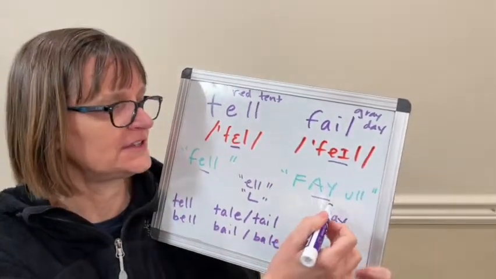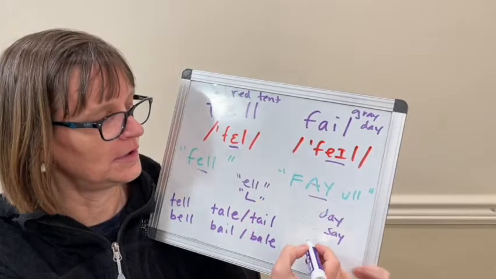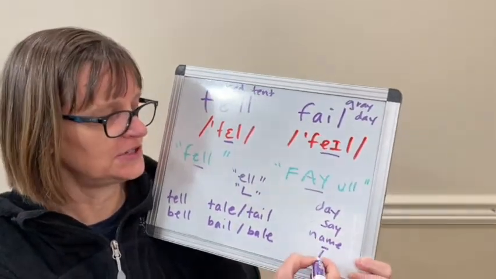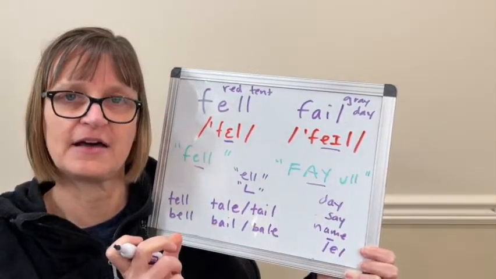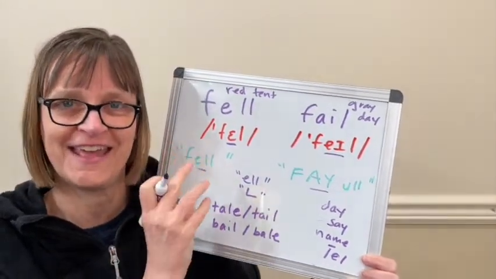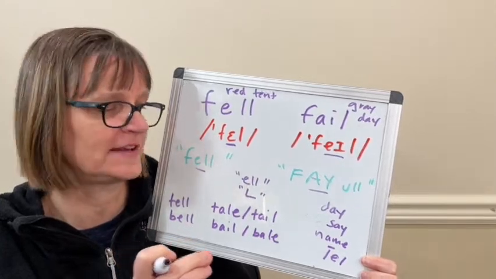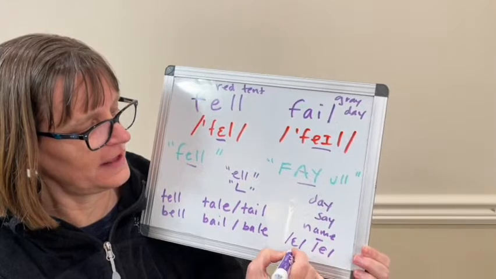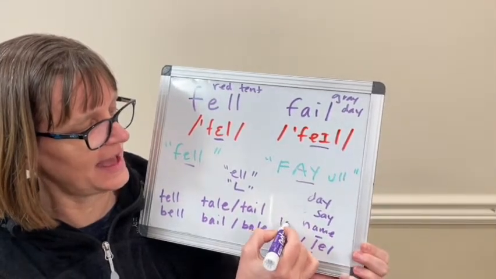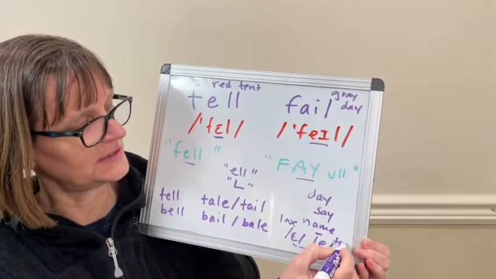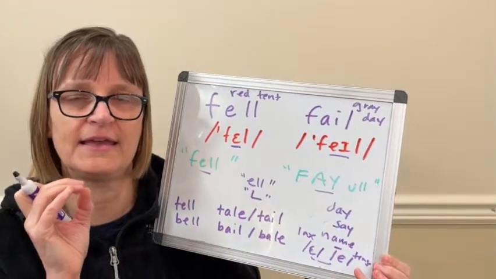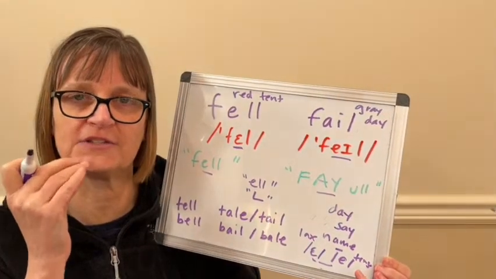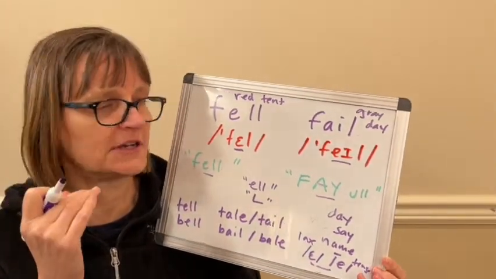But if they're trying to say something like fail or a word like name or change, they may end up just using the eh sound from their language rather than gliding and using that diphthong. And this eh and the eh in fell are very similar. This one is just lax and this one is tense, meaning that A is a little higher and my tongue is tense, eh is a little lower and my tongue is relaxed.